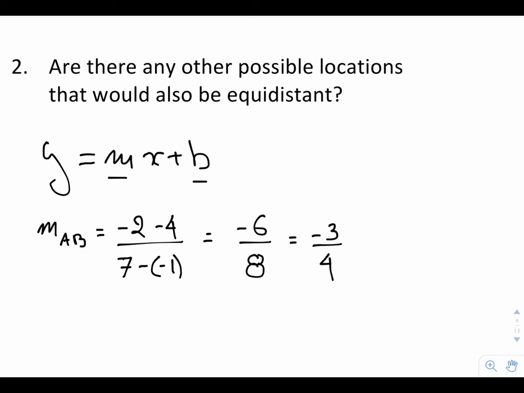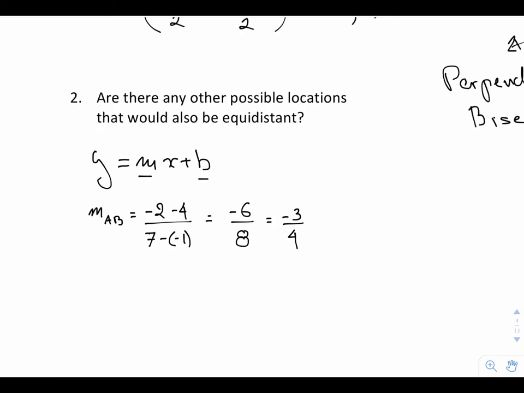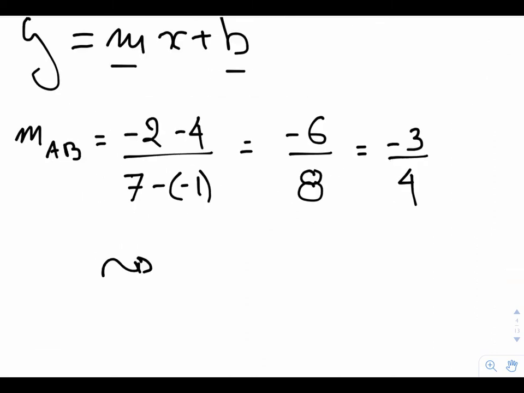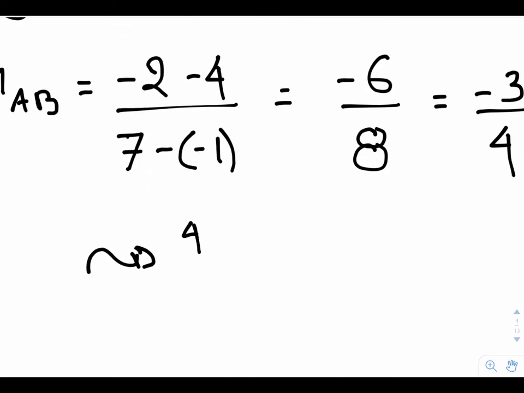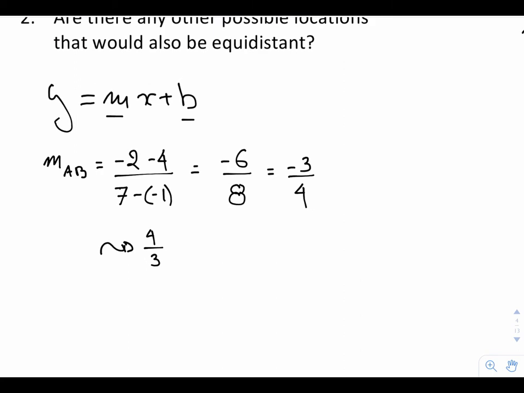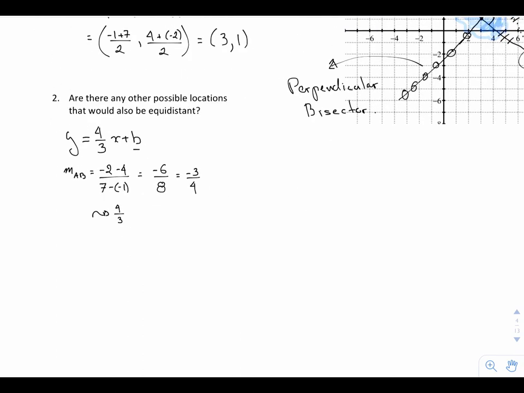So the reciprocal of -3 over 4 is then 4 over 3. That's the negative reciprocal. And that's what I can substitute into my equation for the perpendicular bisector. I will have a 4 over 3 here.